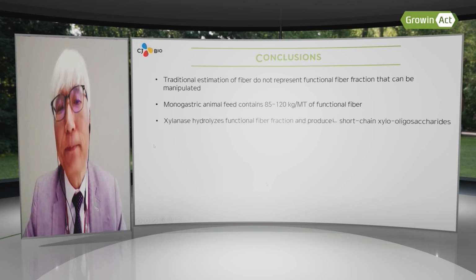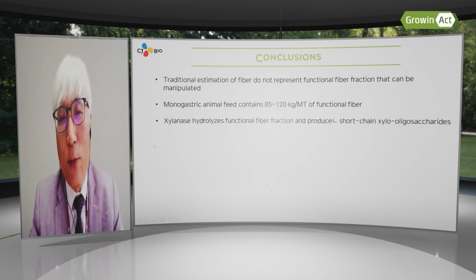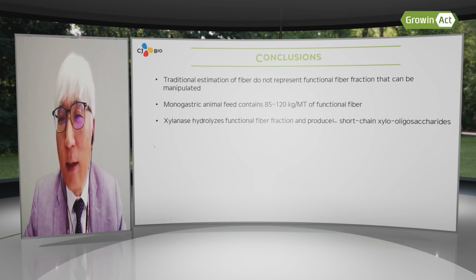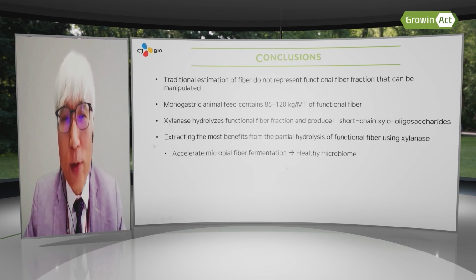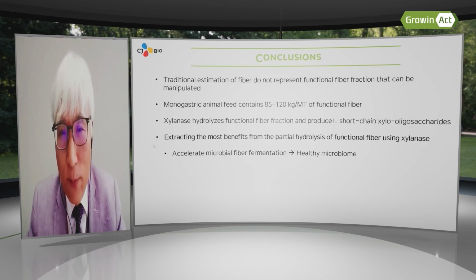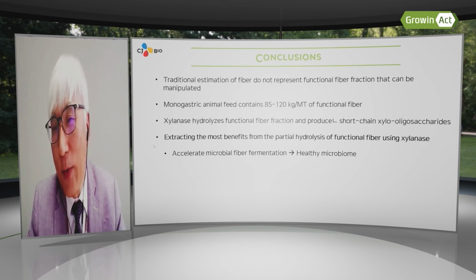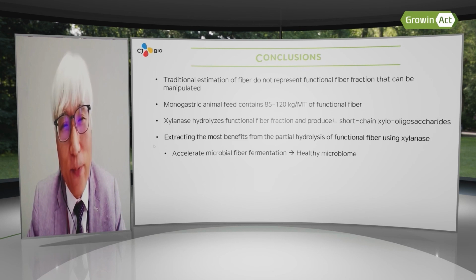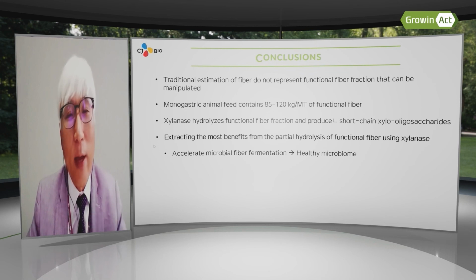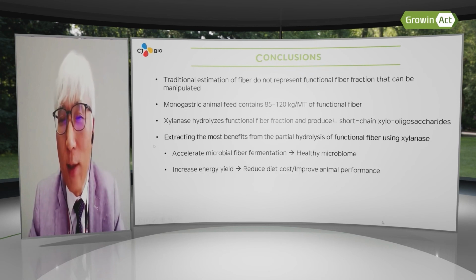NSP hydrolyzing enzyme. XYLANASE can hydrolyze the functional fiber fraction and produce short-chain fatty acid and short-chain xylo-polysaccharide, and therefore we can extract most benefit from the partial hydrolysis of functional fiber using XYLANASE. Particularly, it can accelerate microbial fermentation, and therefore we can make a healthier microbial composition in the gut.